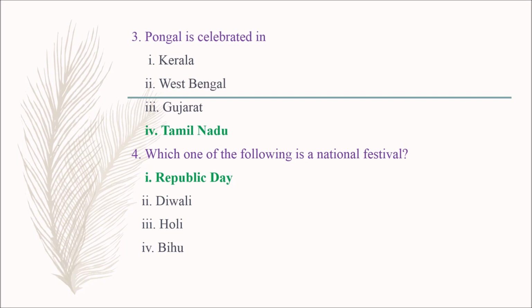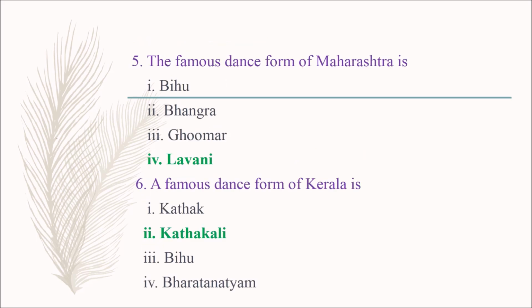Question number 4. Which one of the following is a national festival? Option 1 Republic Day, option 2 Diwali, option 3 Holi, option 4 Bihu. So the correct answer is option 1 Republic Day. Question number 5. The famous dance form of Maharashtra is option 1 Bihu, option 2 Bhangra, option 3 Gomar, option 4 Lavani.